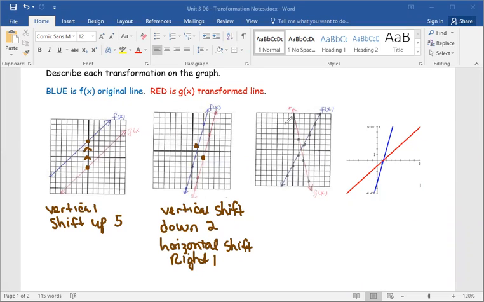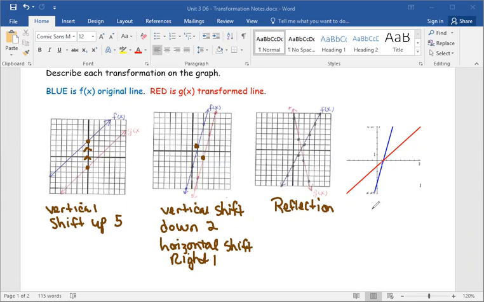All right, on the third one, now you're going from a positive slope to a negative slope. So this is the reflection. And they look like they're identically the same or close to being the same. Right now I just want you guys to see that that is a reflection.